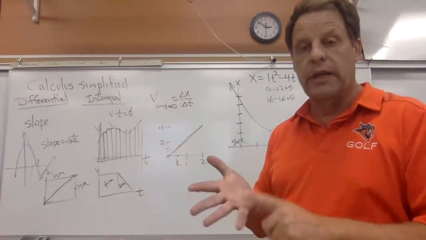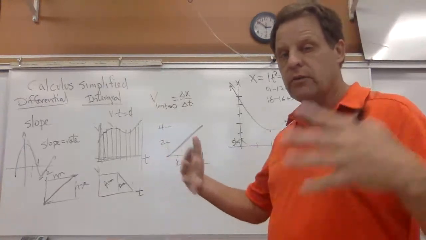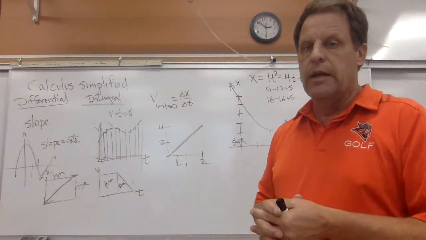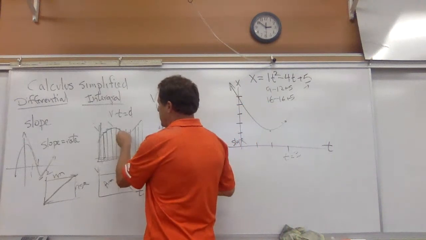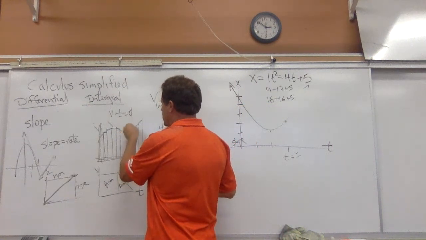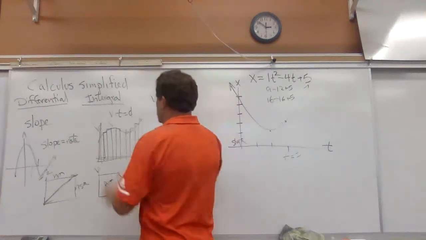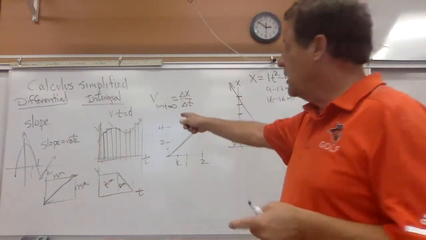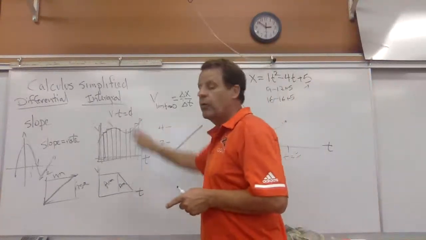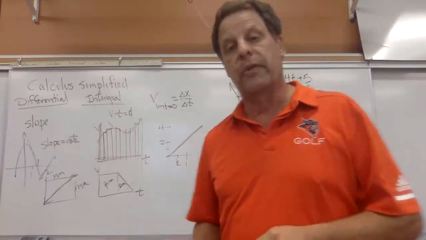Then we could just do length times the width of each of those rectangles and add them all together. Now, we're going to end up with some error there, because we could either overestimate or underestimate, since the rectangles are not going to conform exactly to the shape of the line.